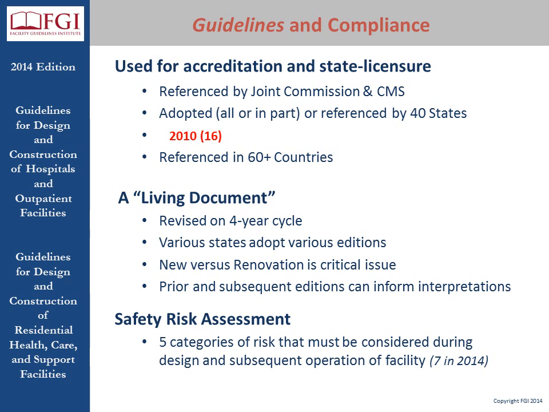In 2014, we increased that number to 7 because we added patient falls, I believe, and medication safety for that matter. So it's important, because of the real increased focus on safety, that you do a safety risk assessment, and we ask that facilities do that early in the planning process.